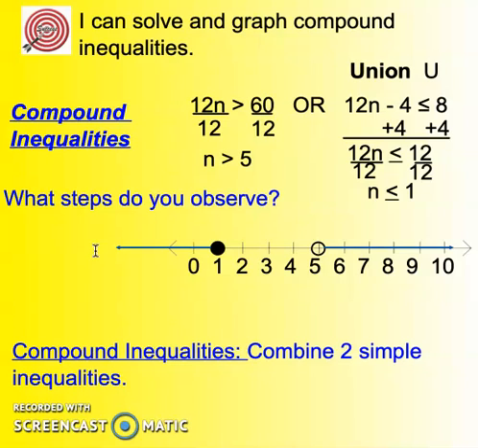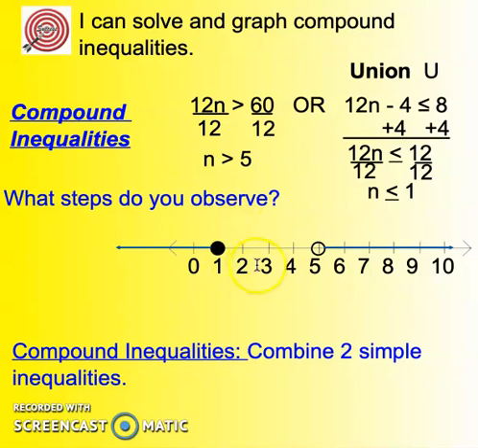What do you notice about this graph? Do you notice that these two go in opposite directions? What does it mean when it's empty in the middle?